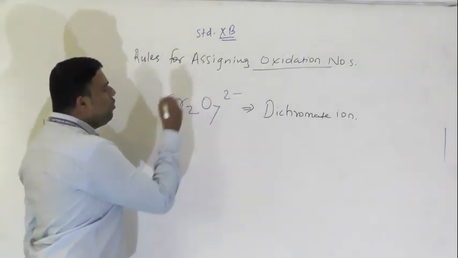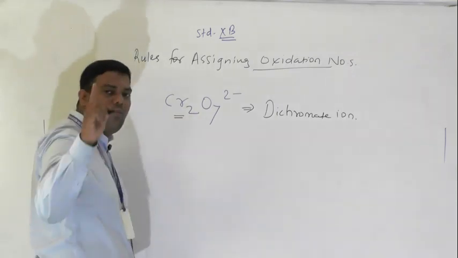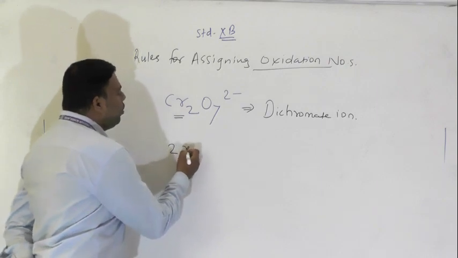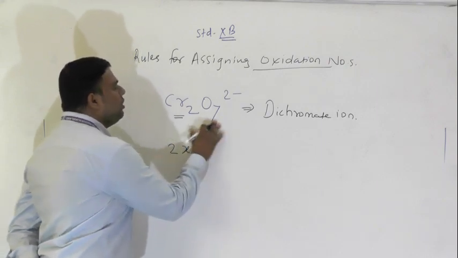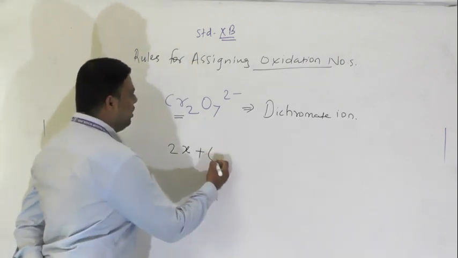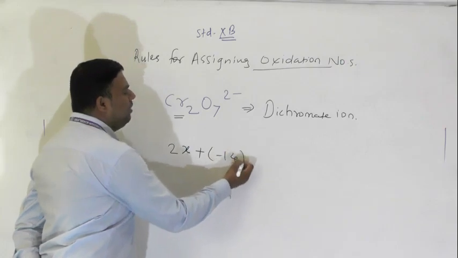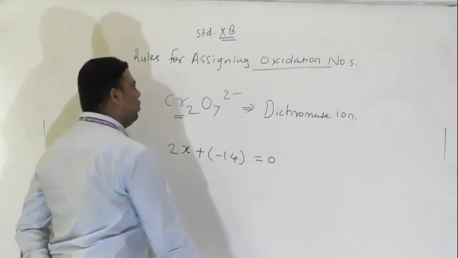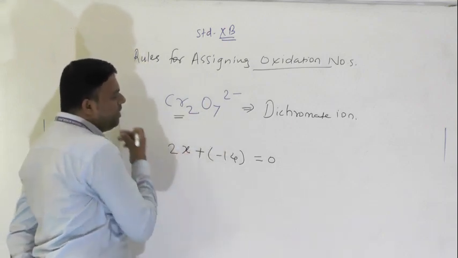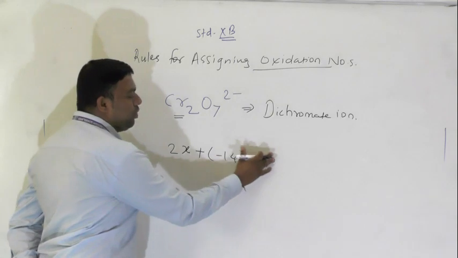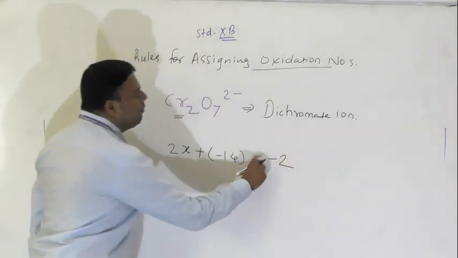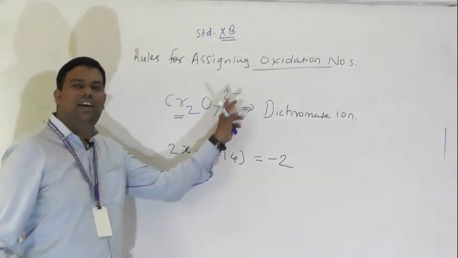Here you have to calculate the oxidation number of Cr. So 2x plus, each oxygen normally -2, so 7 oxygens give -14, equal to... sorry, not 0, it will be -2, because here a charge is there.